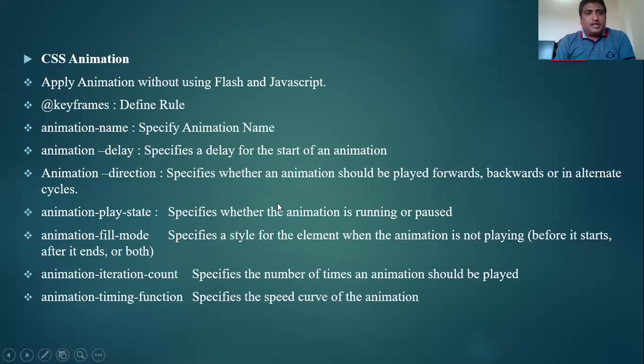Next one is the animation. Here we define the rule using the CSS @keyframes property. In that we specify animation name, whatever name we define for the animation, then delay time, the time taken to perform an animation, then direction, in which direction we want it, either forward, backward, or in alternate cycles.